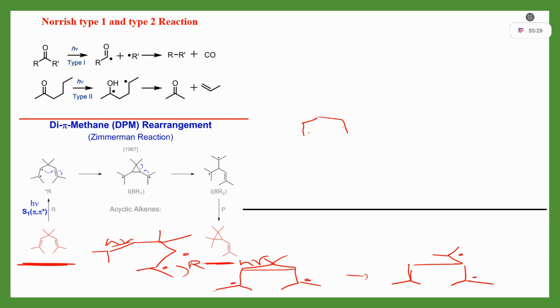How? Let me tell you. Let's say here Me is there and here phenyl groups are there. So obviously you will first make the radical on this side, because here the radical will be stabilized by these two phenyl groups. So at first you will make this radical.